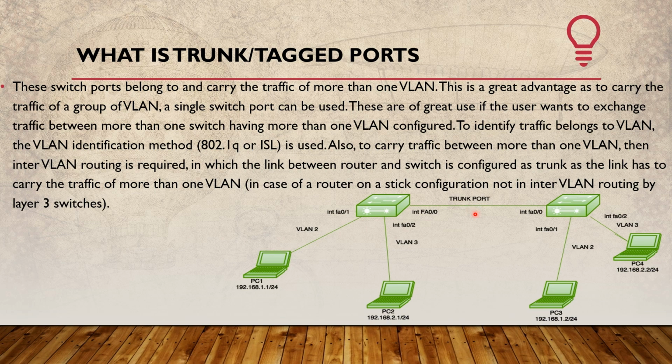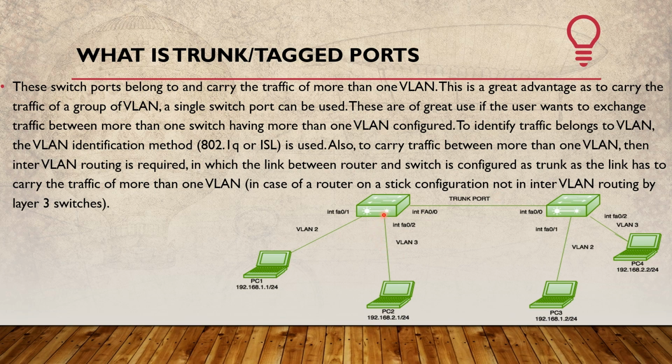Or if you want to enable communication from a switch to a router, and multiple inter-VLAN communication needs to be enabled, then we need to use a trunk port. For inter-VLAN routing at the switch level, we use the router on a stick concept, which we will go through in upcoming videos.